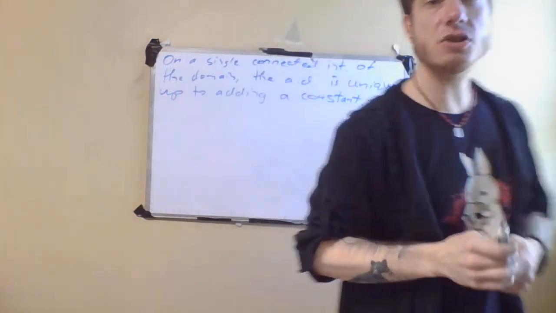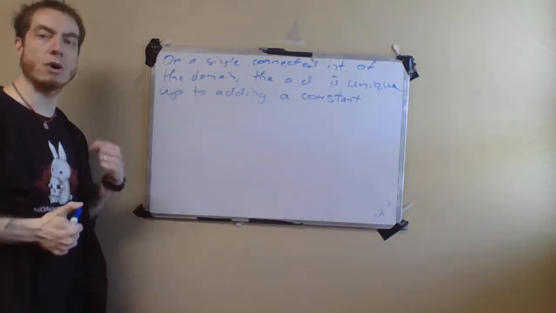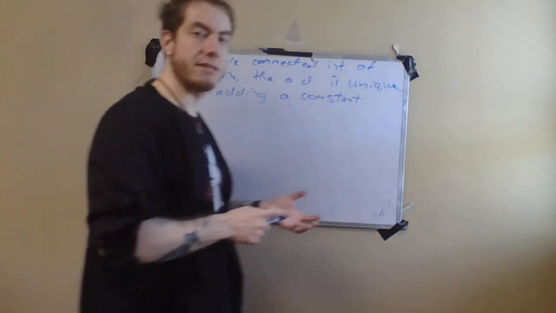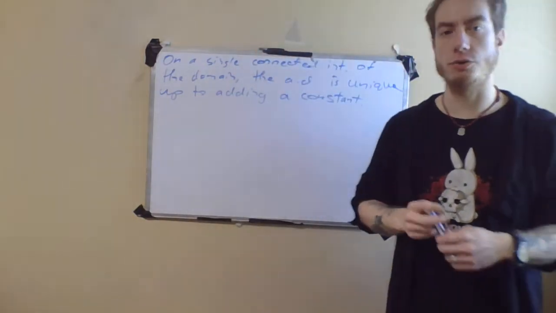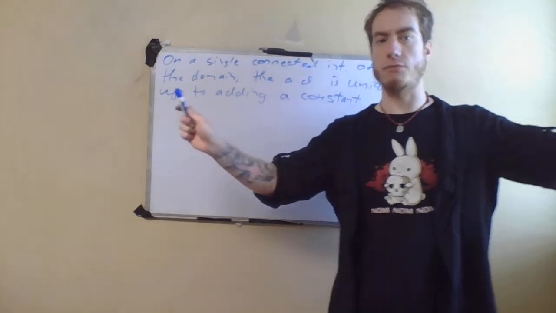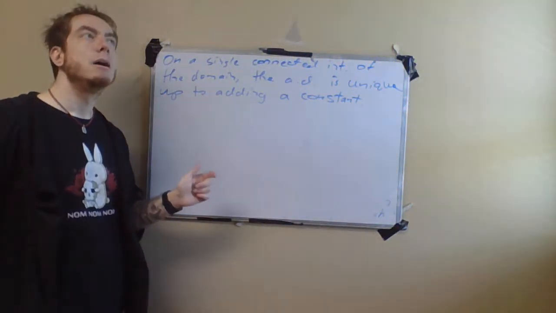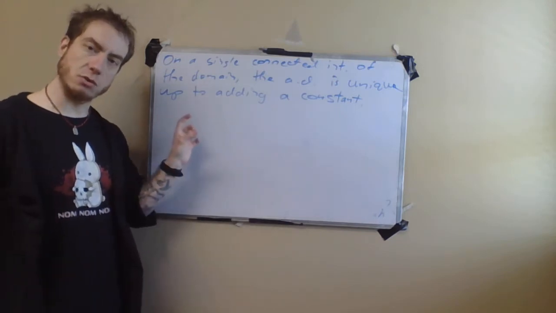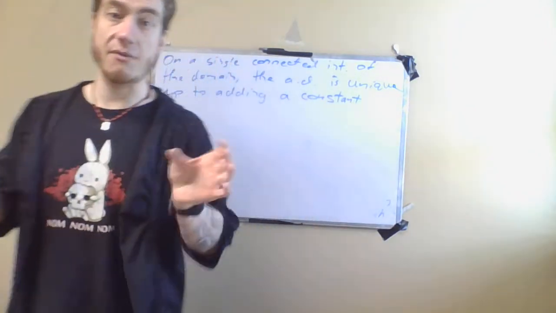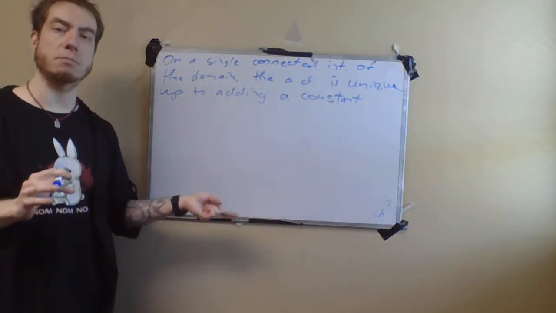Now, this is why a lot of people will just say, oh, the antiderivative is determined up to a constant. The reason that they say that is because in many instances, we're dealing with a function whose domain is maybe all real numbers. And so there is only one interval and thus only one possible choice of constant. But in other contexts, we might be dealing with a function whose domain consists of several different intervals. And they'll still just say, well, the antiderivative is determined up to a constant.